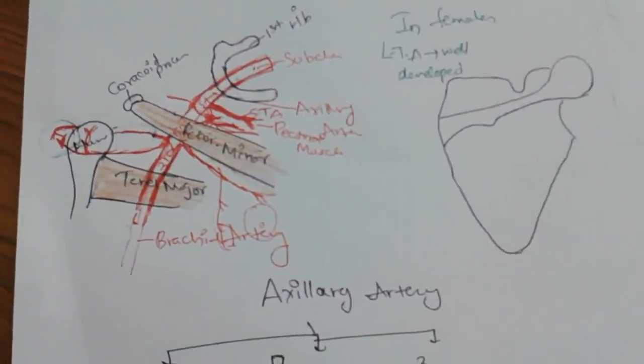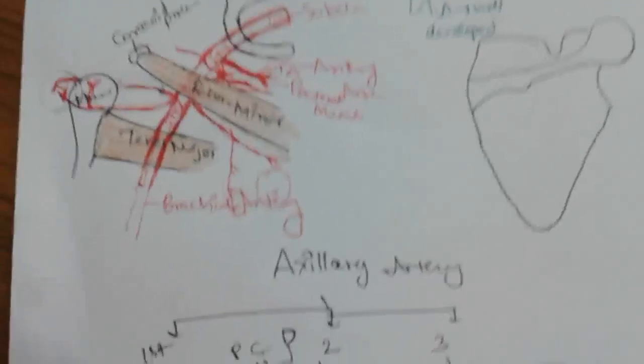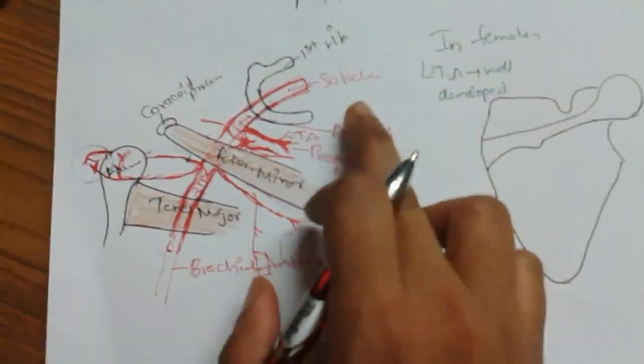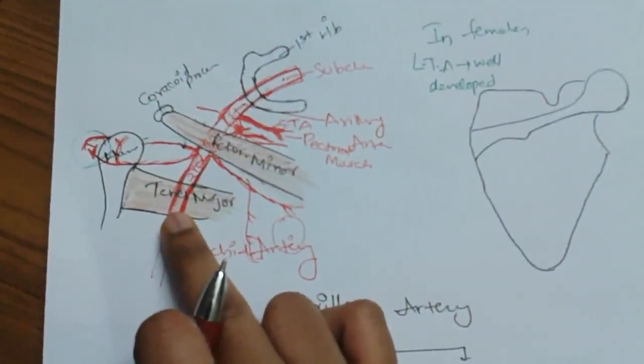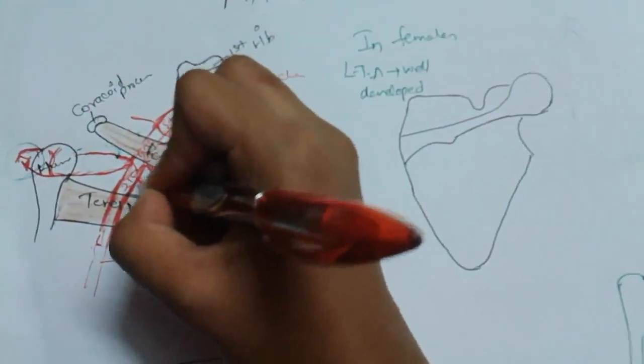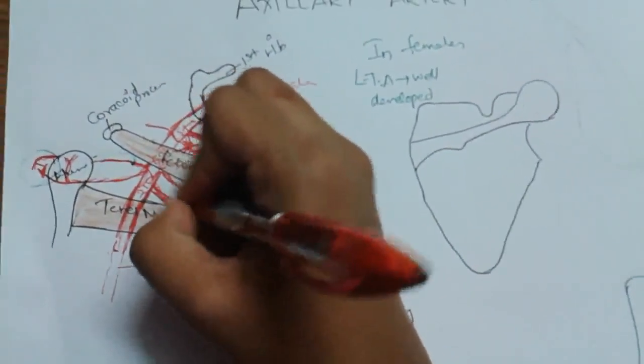Now the next one is the subscapular artery. The subscapular artery is the largest branch of the axillary artery. It emerges from the third part, and then it runs downwards.